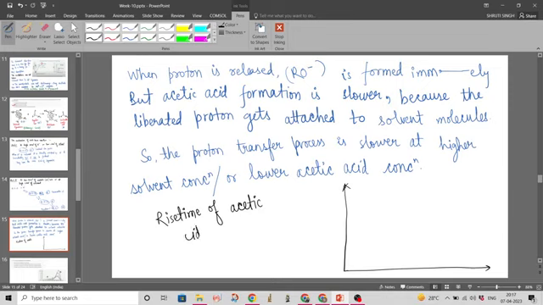The rise time will be faster, will be less, when there are no solvent molecules, or there is more concentration of acetate ion. So as the concentration of acetate ion increases, the rise time decreases.